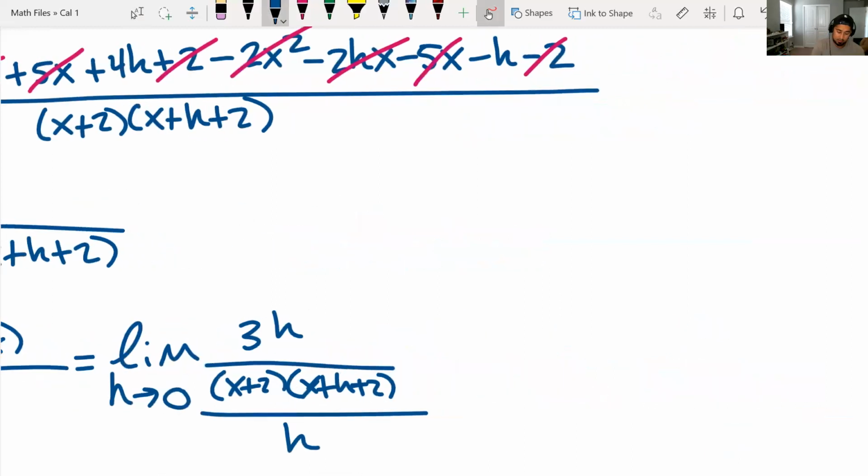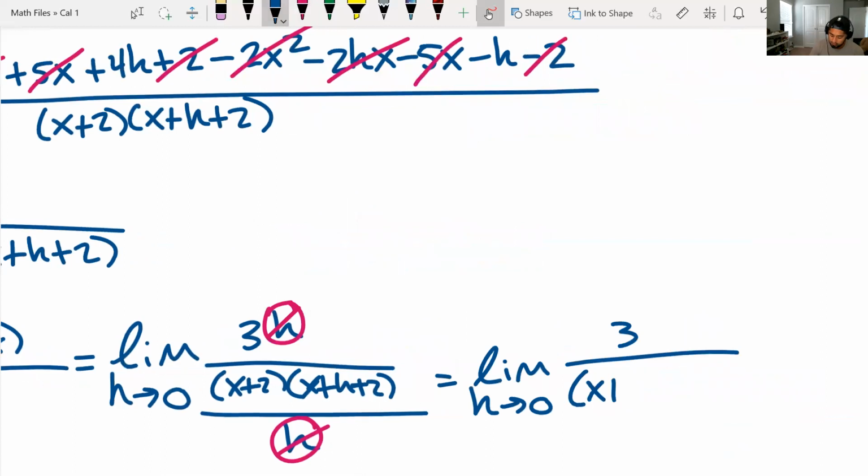This h, that h, cancel. And we get the limit as h approaches 0 of 3 over x plus 2 times x plus h plus 2, where it is now safe to plug in 0.